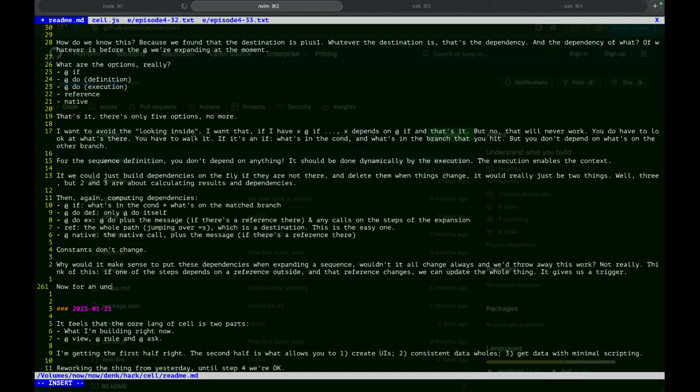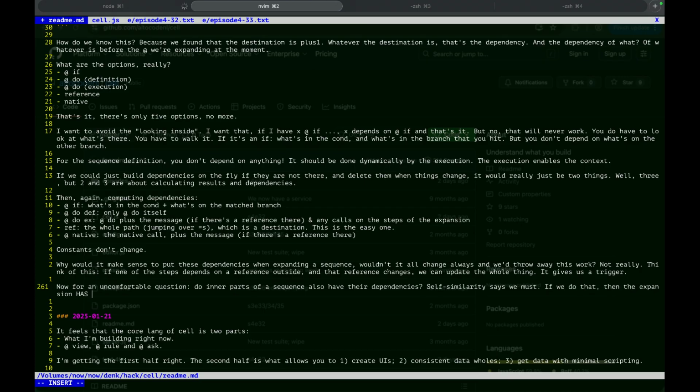Now for an uncomfortable question. The inner parts of a sequence also have their dependencies. Self-similarity says we must. But if we do that, then the expansion has to have dependencies.